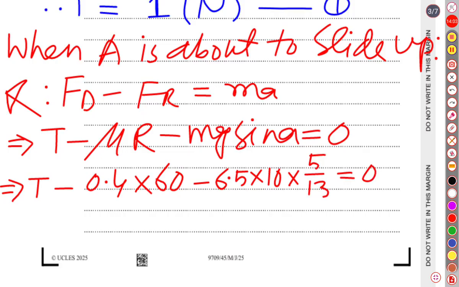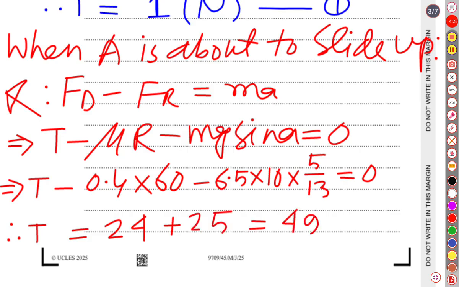Hence our tension is going to be, let it be the last step for this part. Tension is equal to 24. So 4 6s are 24, plus 65 divided by 13, 5 5s are 25, means it is 49 Newton.